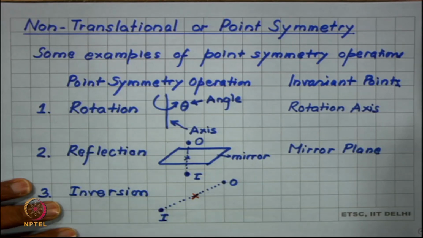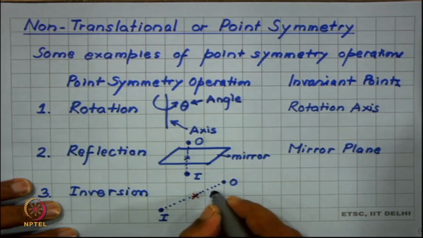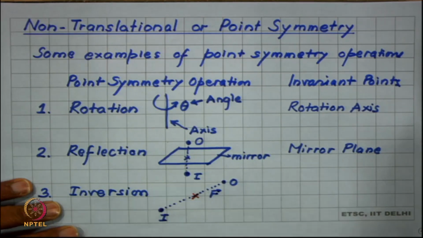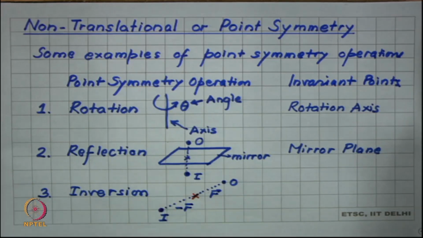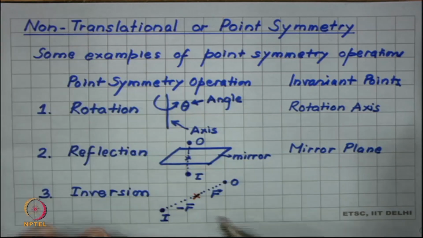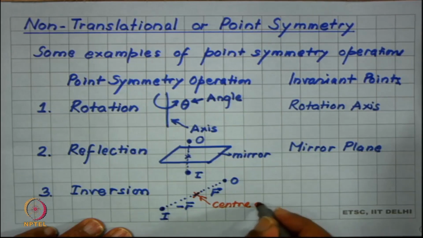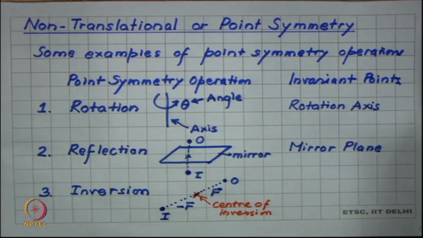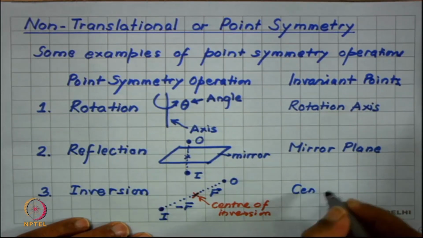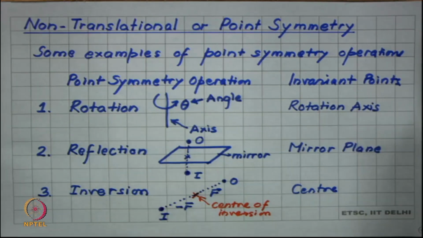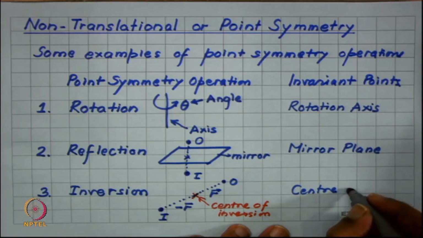So, a position vector R will be mapped to the position vector minus R. That is the inversion. Again, all points are imaged to some other point, but the center of inversion will not move. So, the point which is left invariant is the center of inversion.